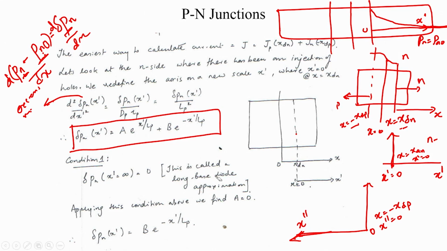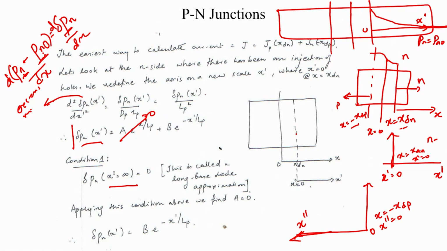So, if you say that this is the first boundary condition and apply it to that expression, you will find that the term A automatically has to be 0, because at x dash is equal to infinite, this term blows up. Okay, it becomes infinite, but my delta Pn is 0, and that can happen only if A is 0. So, I cannot allow this term to exist. So, this term has to disappear, and that happens only when A is 0.